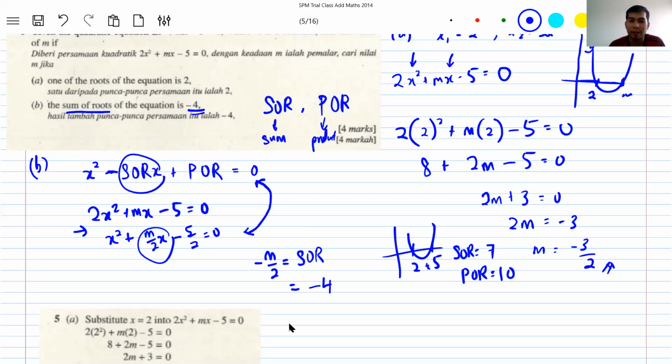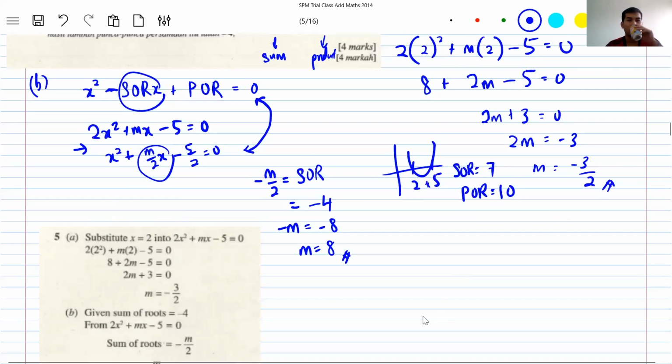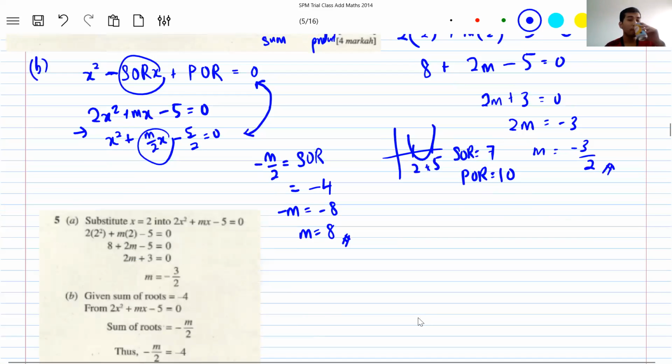So just move it around: minus m is equal to minus 8. Therefore, m is equal to 8. All right? This is just, I would say, comparing coefficients.